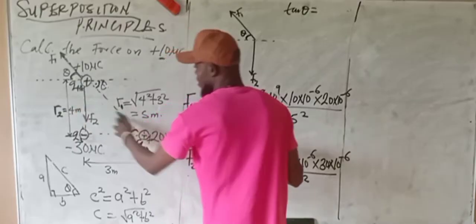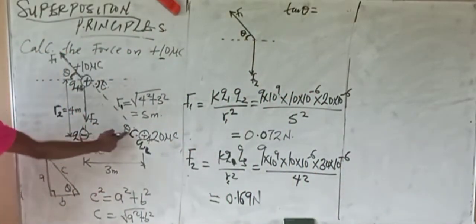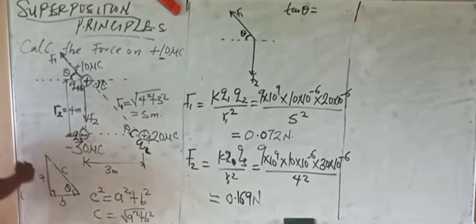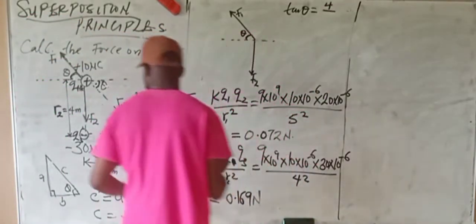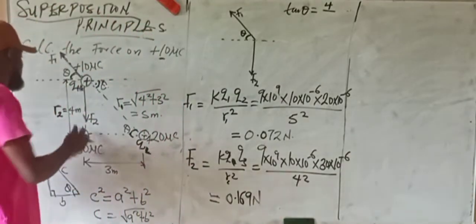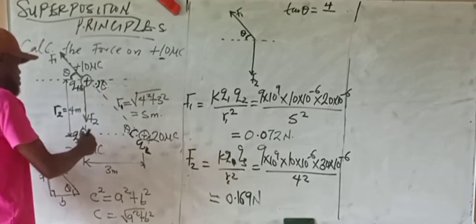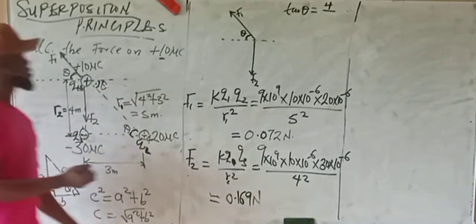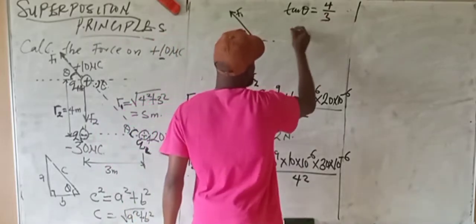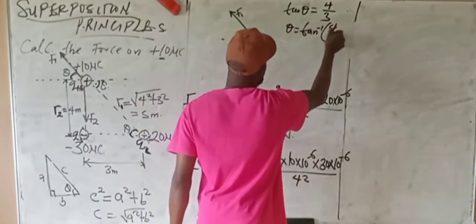Opposite means the side facing the angle, which is 4 meters. The other side is the adjacent, which is 3 meters. So theta will be equal to tan inverse of 4 over 3.